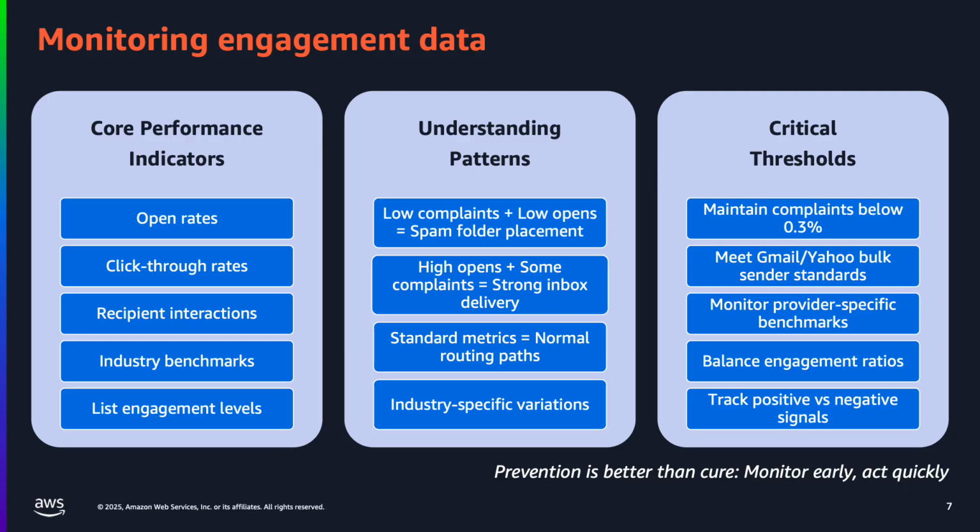It is important to try and stay below the 0.3% complaint rate, as that is part of the bulk sender requirements set by Gmail and Yahoo, with several other mailbox providers also aligning with this general best practice policy. Next, let's take a look at monitoring bounces.